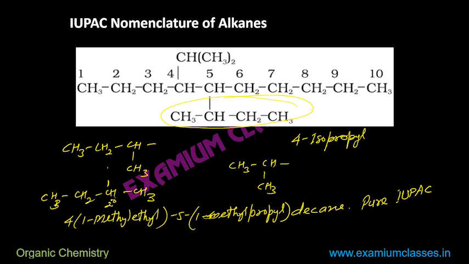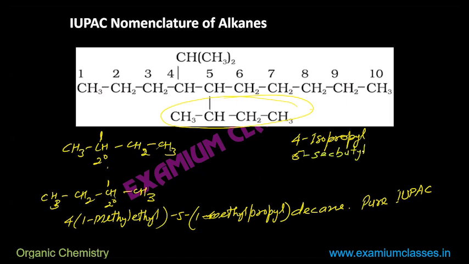So it will be sec-butyl. It is butyl, but because a 2-degree carbon is making it the alkyl group, sec-butyl. It means on the 5th carbon I have sec-butyl.